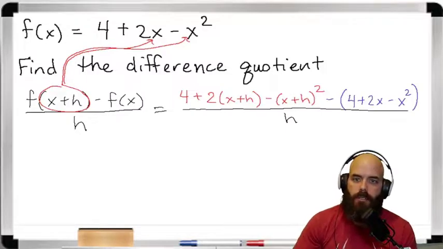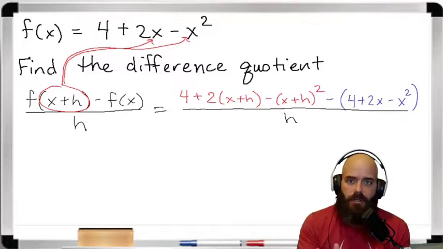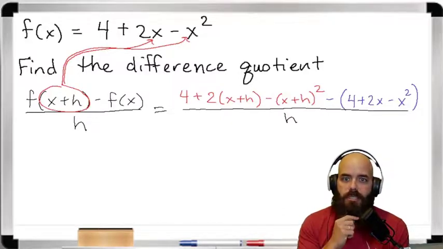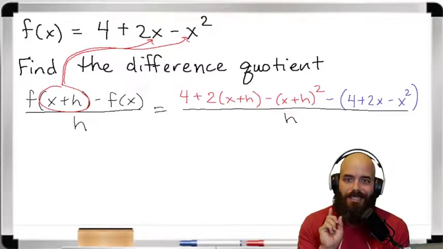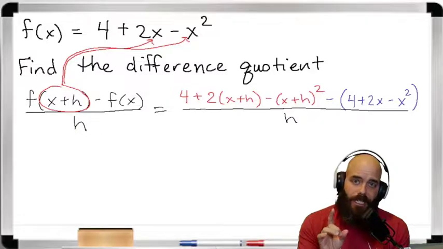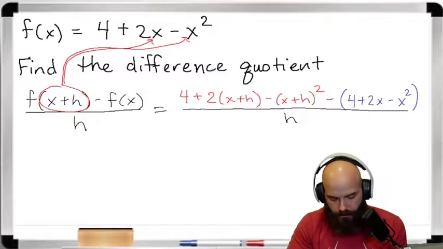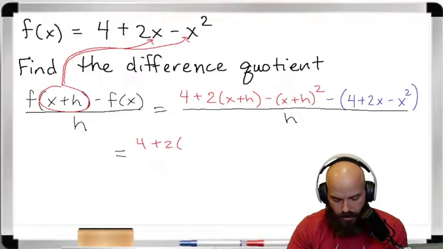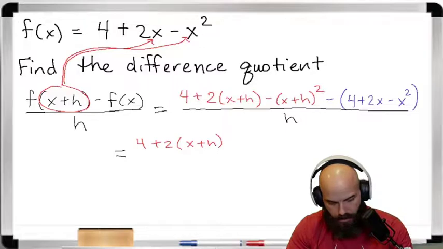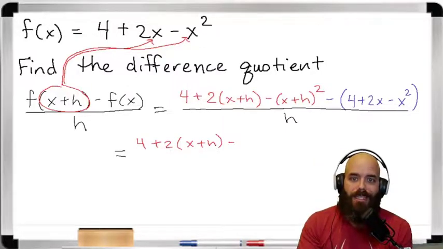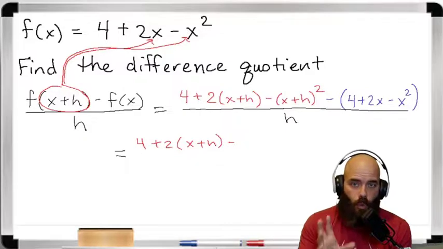All right. Make sure we calculate everything correctly. So make sure you follow your order of operations. So the first thing I want to do is take that x plus h that's squared, and let's FOIL that out, okay? Now, when I square x plus h, that entire quantity will be subtracted.